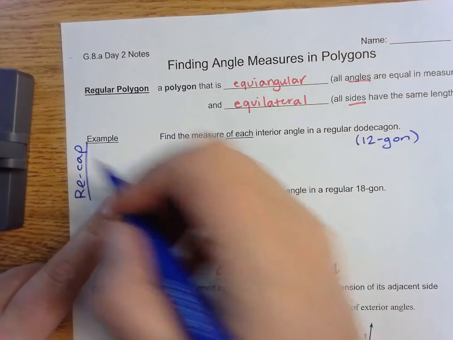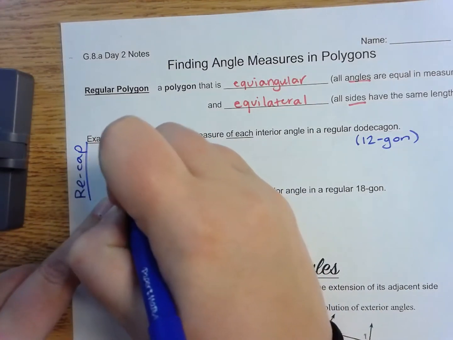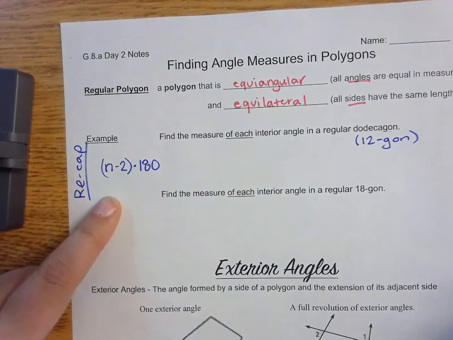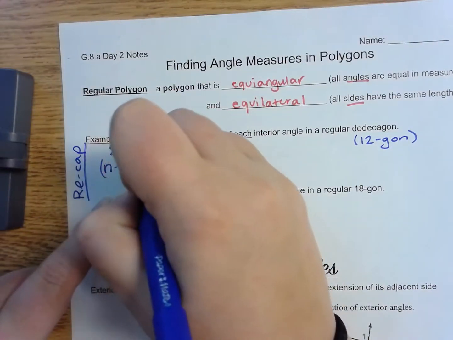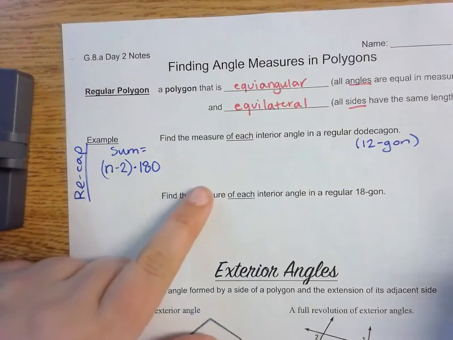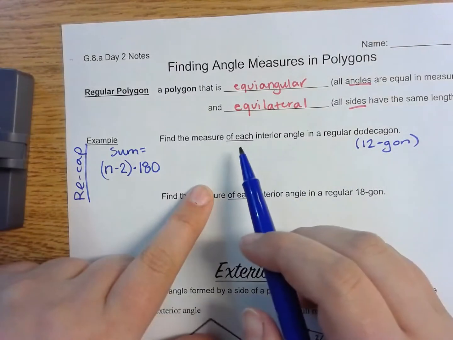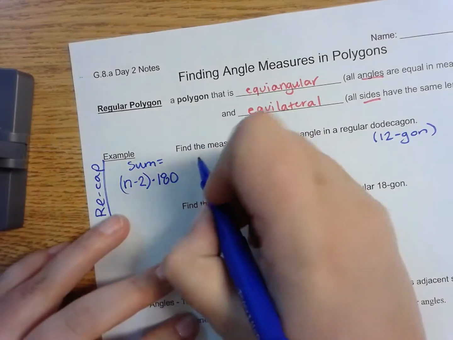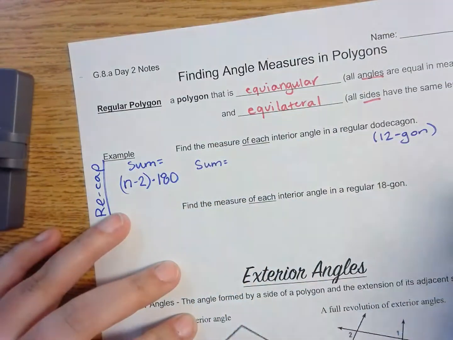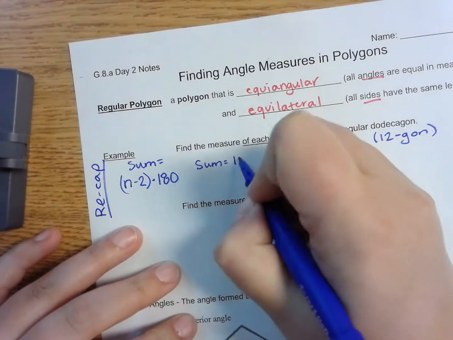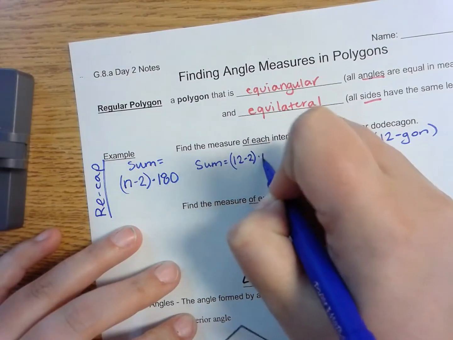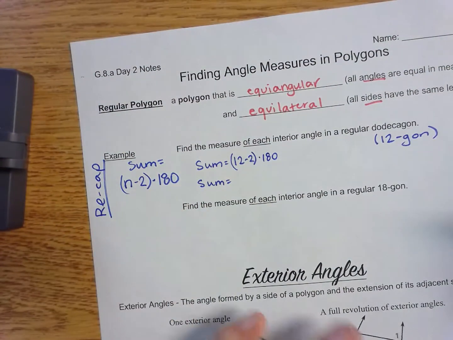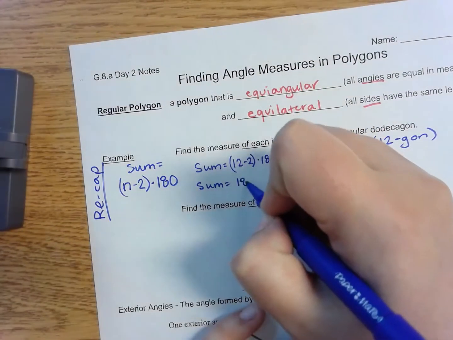N minus 2 times 180 is the sum. So first I need to find the sum, and then to find each, what am I going to do? Divide. So first to find the sum, I'll do 12 minus 2 times 180. So 10 times 180 is just going to be 1,800.